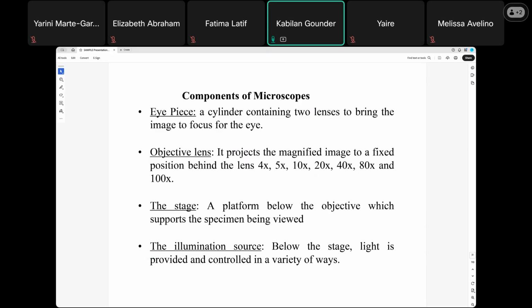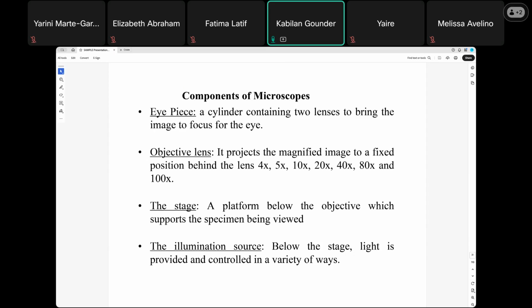The important thing to know is that when you look under the microscope through the eyepiece, many people use it, and the focus can be adjusted.